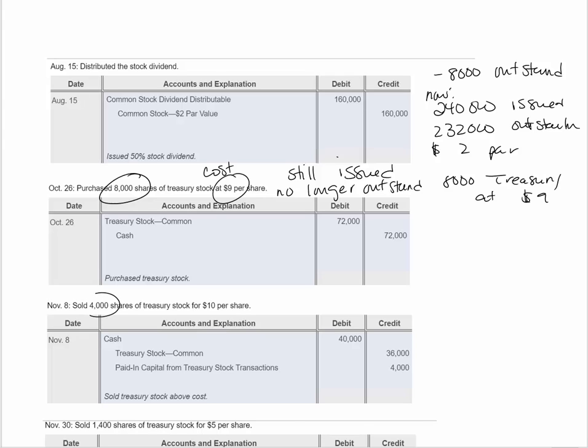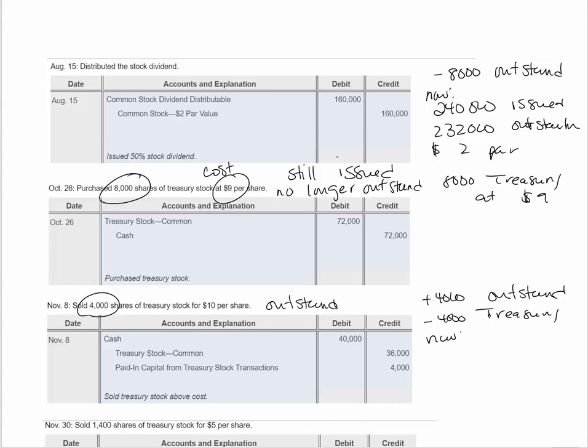Now we sold 4,000 of those. So now those are outstanding again. So we add 4,000 to the outstanding and subtract 4,000 from the treasury stock.